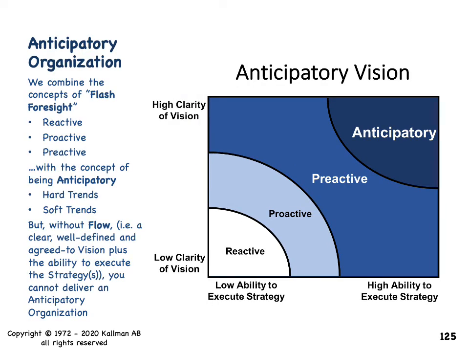And so that's basically what we're going through on this slide. We've combined the concepts of flash foresight, with reactive, proactive, preactive, with the concept of being anticipatory, being able to predict off the hard trends and soft trends.